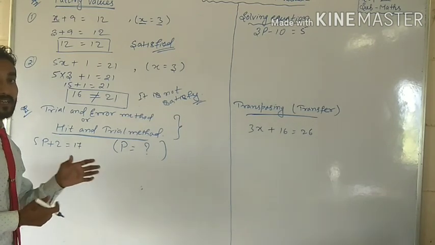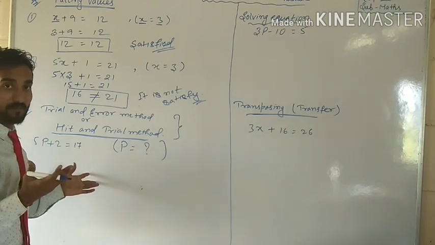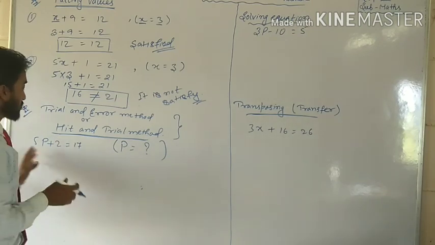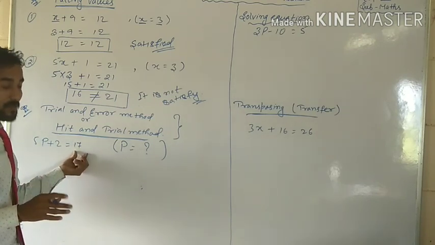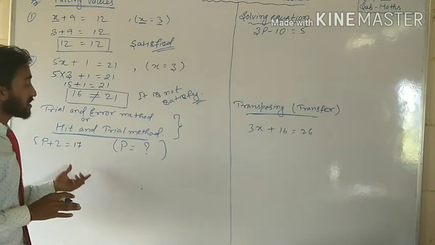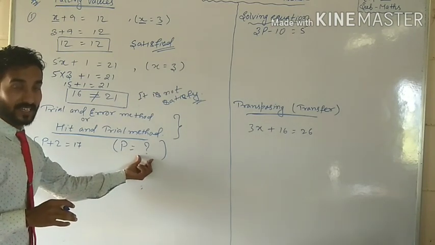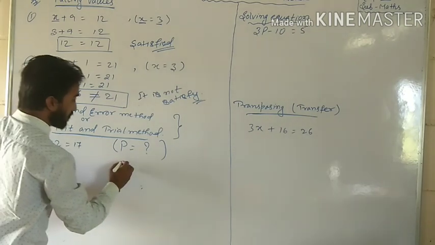Here RHS is a positive number and LHS is a positive number, so it is clear that the value of p to be taken will be positive.